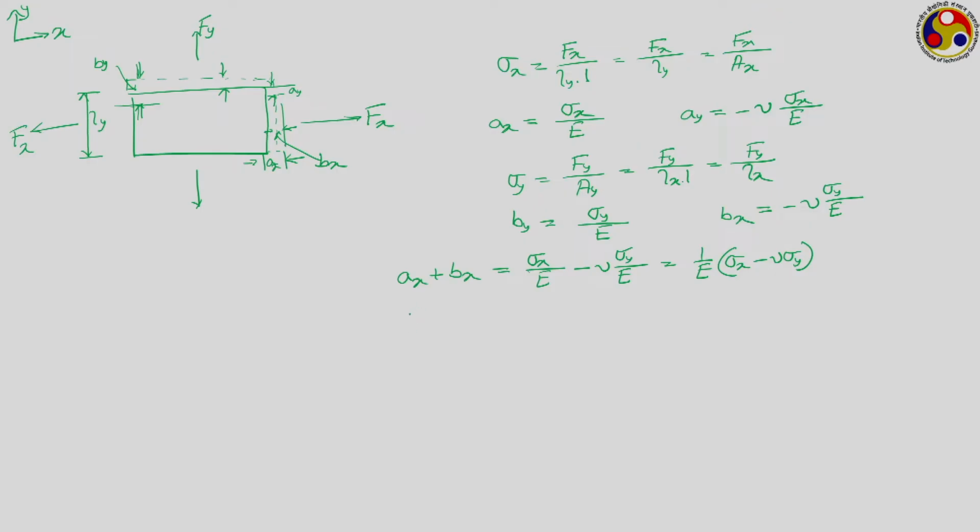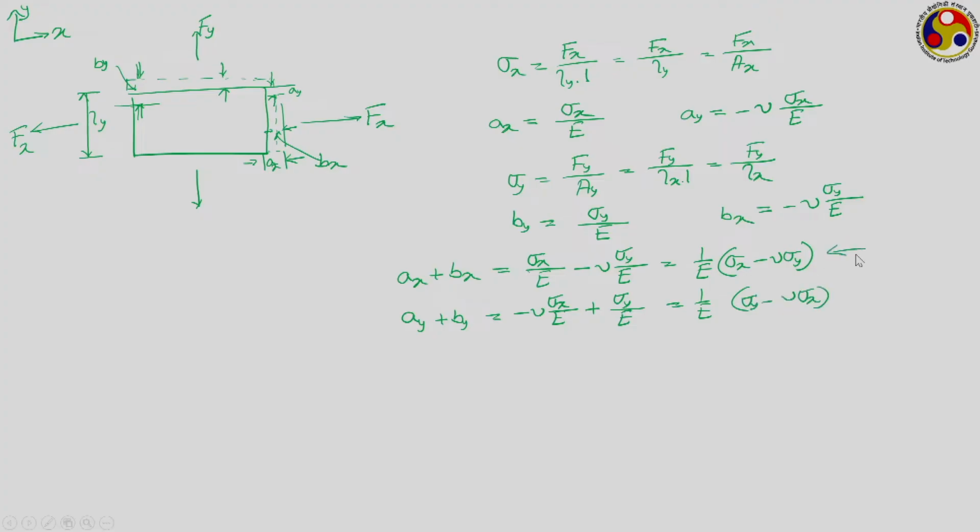Similarly, how much is the net change in length in the y direction? That can be Ay plus net By. So, your Ay was minus nu into sigma x upon E, that is the change because of the Fx, plus the change corresponding to Fy was sigma y upon E, that is this much into sigma y minus nu into sigma x.